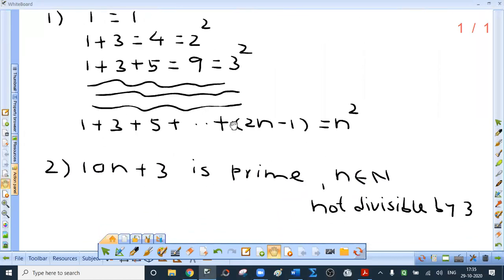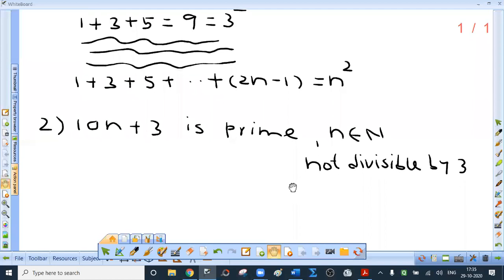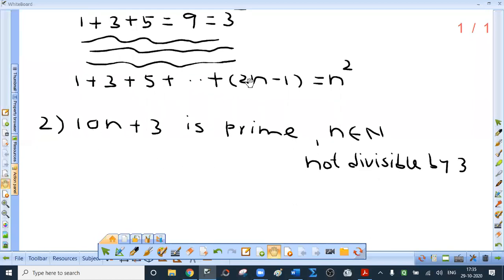Consider another example. If I say that 10n plus 3 is always prime, where n is a natural number but not divisible by 3. Take n equal to 1. 10 plus 3, 13. Is 13 a prime number? Yes, it is. Take n equal to 2. 20 plus 3, 23. Is it prime? Yes.